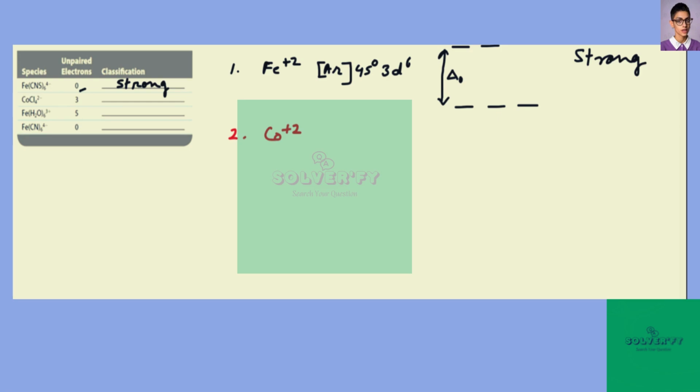When it is at +2 oxidation state, its electronic configuration is [Ar] 4s0 3d7. 7 electrons are present in d orbitals, and it is given that 3 are unpaired. 3 electrons are unpaired. So this is possible only when splitting is less.